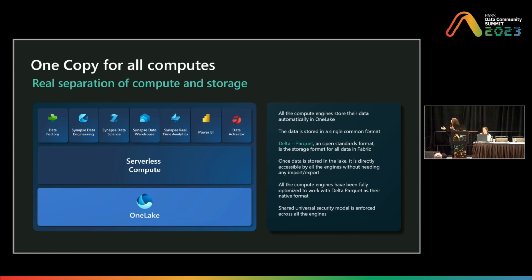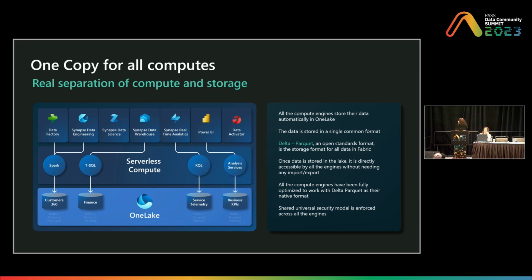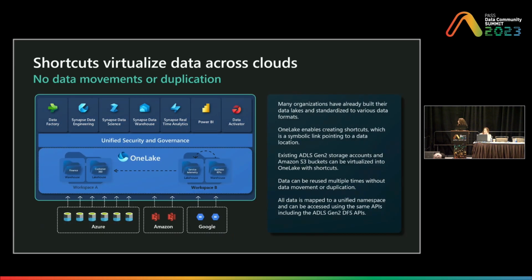We're also bringing you a universal security model that's shared across all engines. Whether it's Data Factory pipelines or Spark writing data, ultimately all these engines just write data to OneLake. It's all Delta Parquet, and all of the engines can read it.